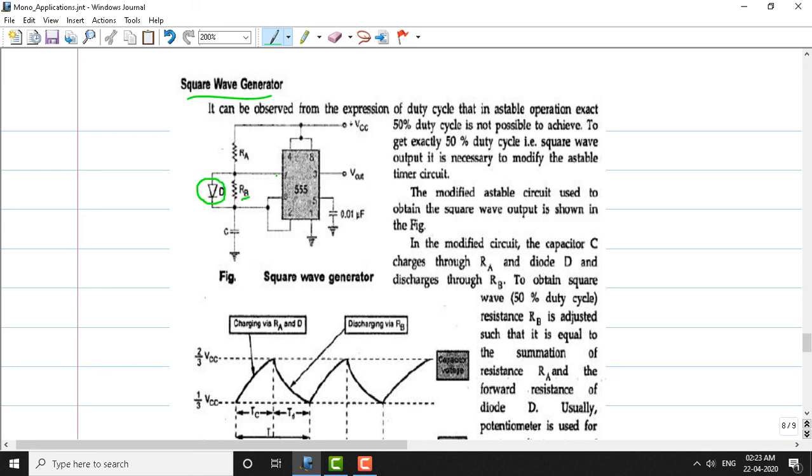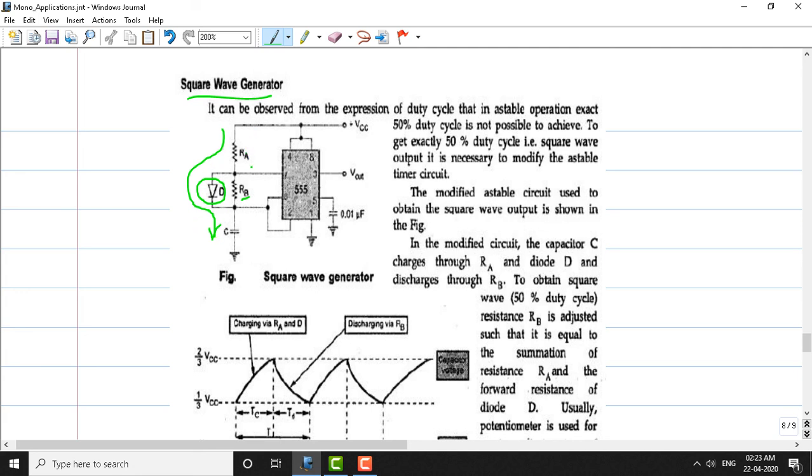While charging the capacitor, the path used is via the diode. So this is the charging path of the capacitor, which means that while charging, RB doesn't come into play. The discharging time constant is RB into C, while the charging time constant is RA into C.